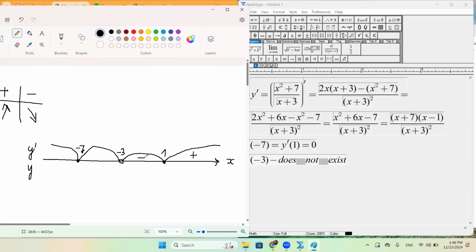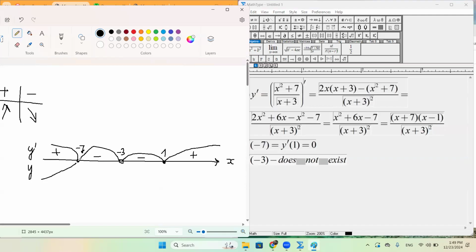Here it will be negative if we choose 0, for example. When passing this point, because of the power of 2, it will not change, and here it will change. Okay, minus 8, so plus will be here.